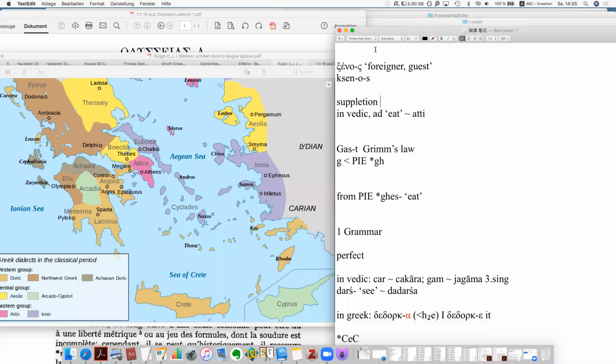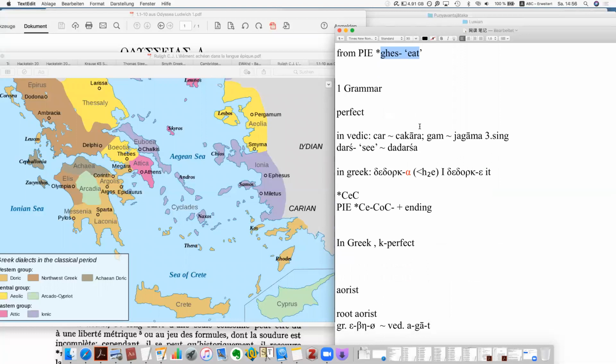This word is connected with the German word Gast, English guest, and Latin hostis. It goes back to the root ghas, to eat. So the original meaning for guest and foreigner is someone who will eat together with you. You invite him or them to dinner, to a meal. Then we started with grammar.